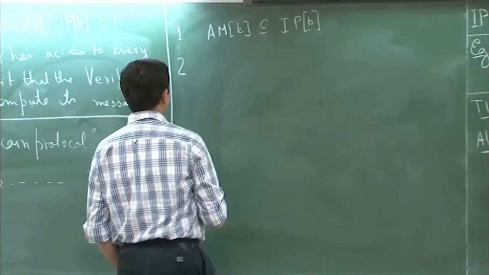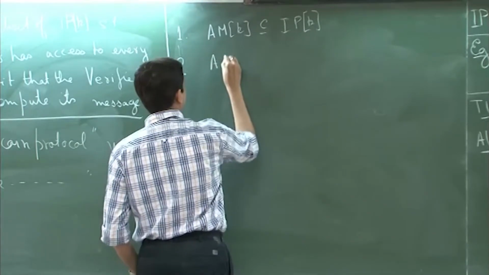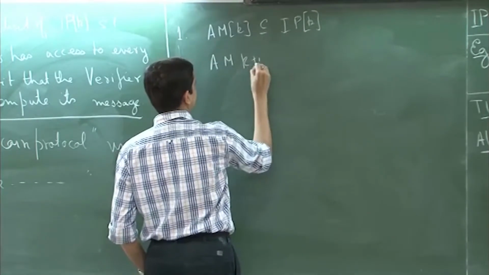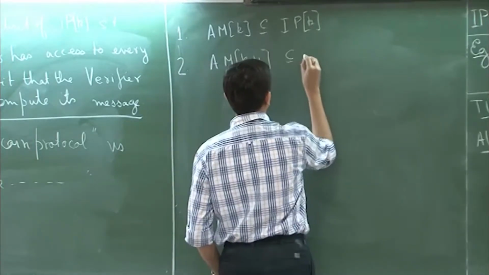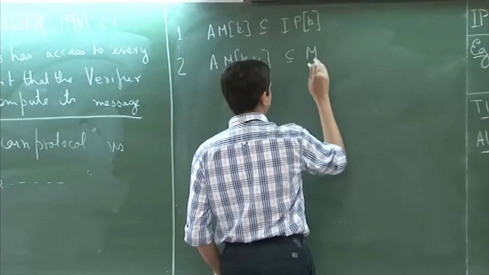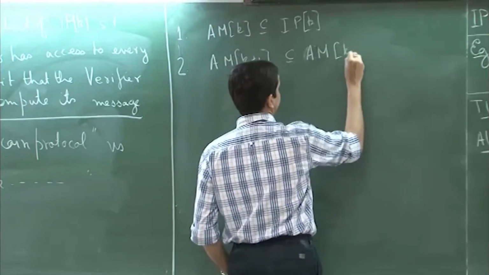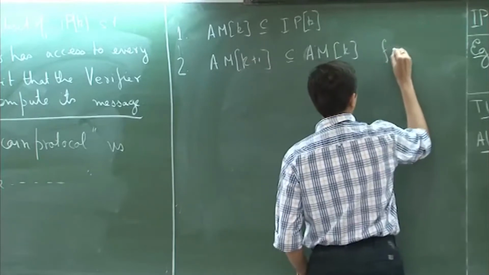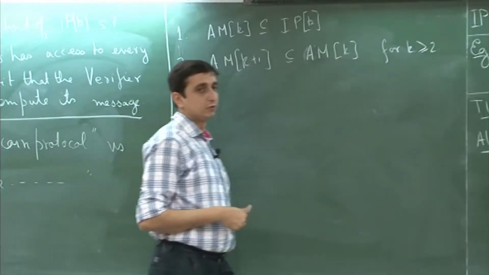What is also known, and this is more non-trivial, is that AM k plus 1 is contained in AMk for k greater than or equal to 2.